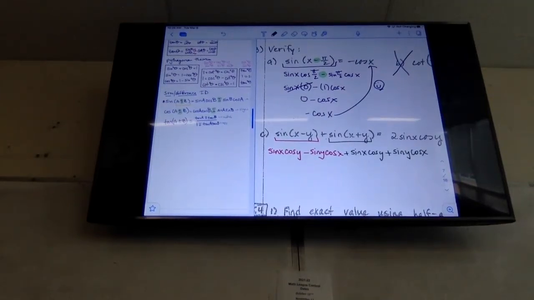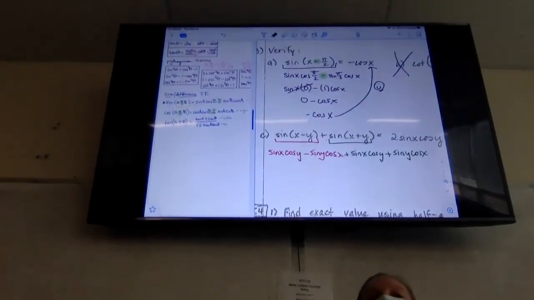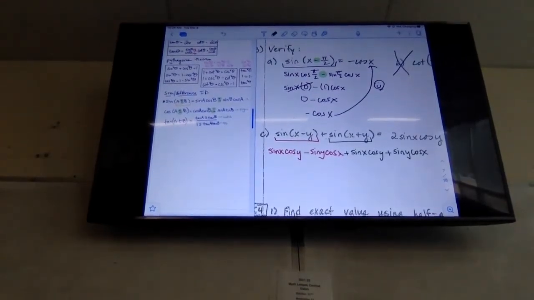Once you've expanded both sides, check with me, make sure you expanded correctly. And then if you can, combine any like terms. If you can, cancel any terms.